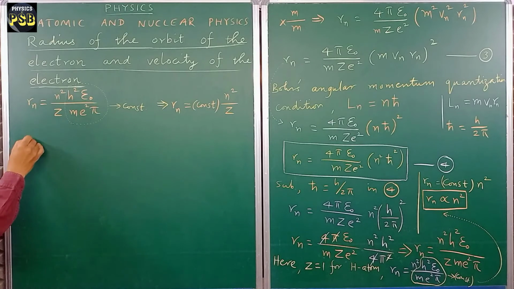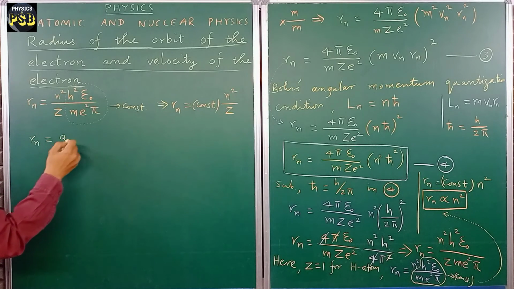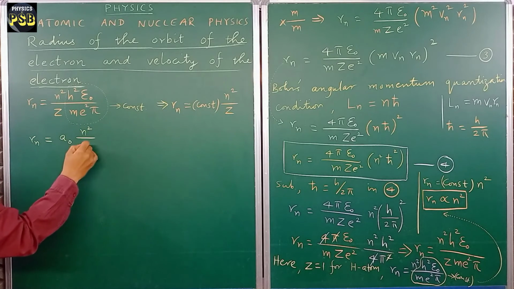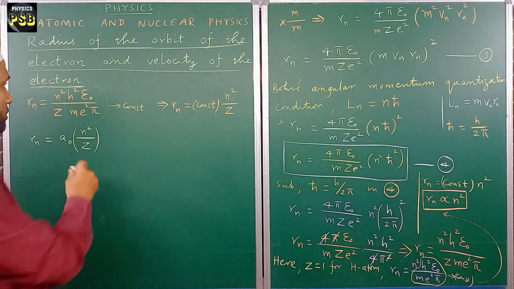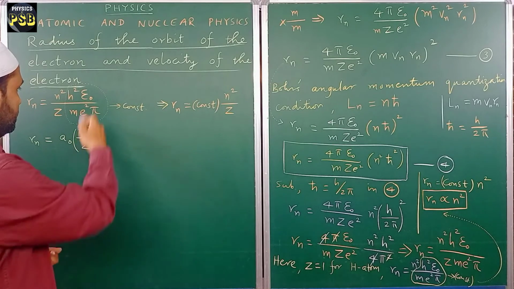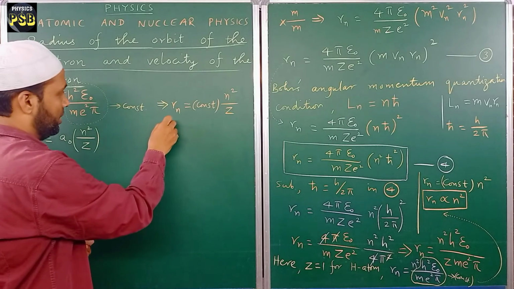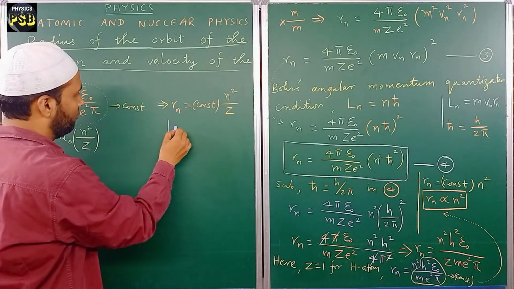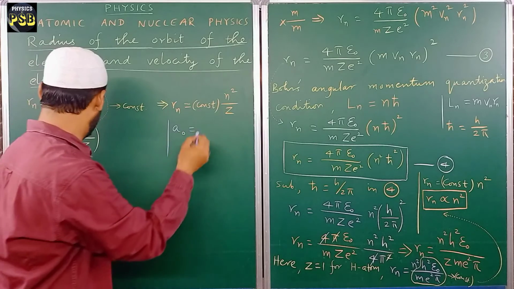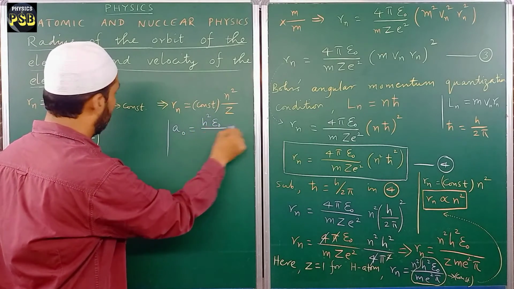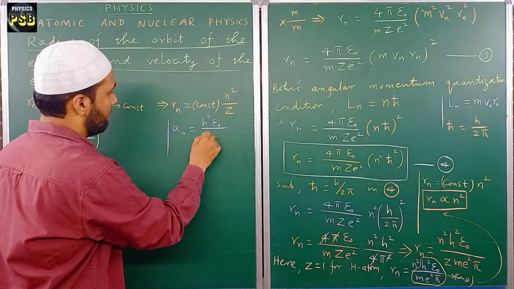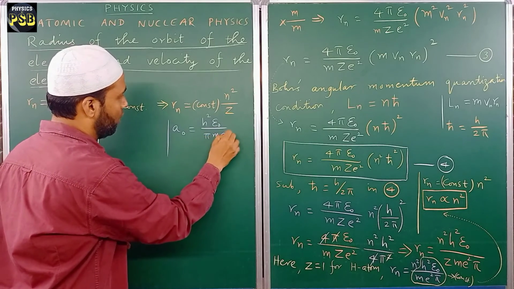So this equation becomes Rn equals a naught n square upon Z. When I compare these two equations, I get the value of a naught to be equal to h square epsilon naught upon pi m e square.